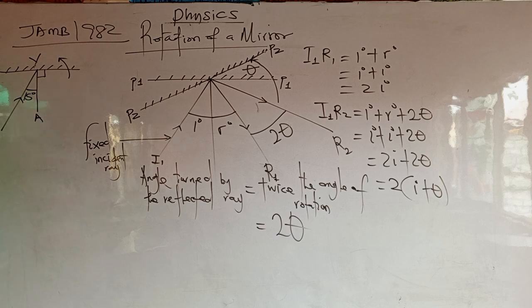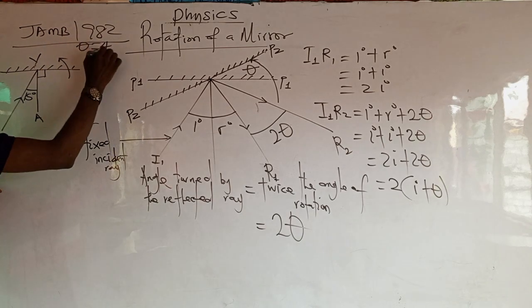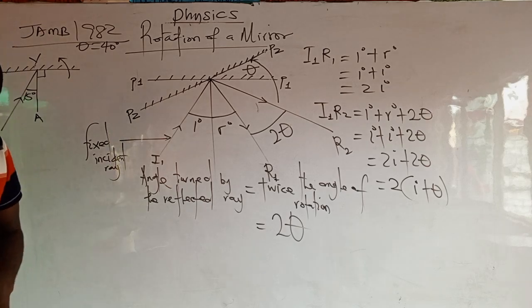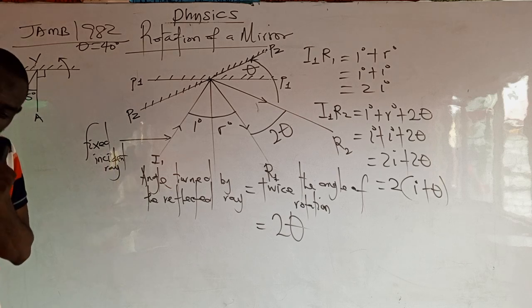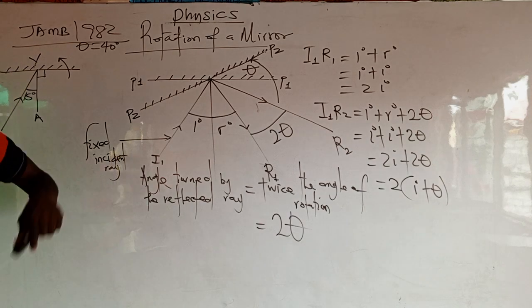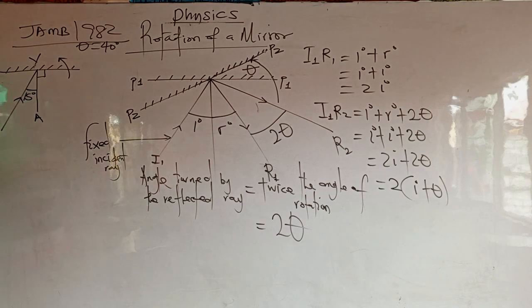If the mirror is turned as indicated by the arrow through 40 degrees, it means the angle of turn is 40 degrees. He said the mirror is turned through 40 degrees. What angle will the reflected ray make with AY?